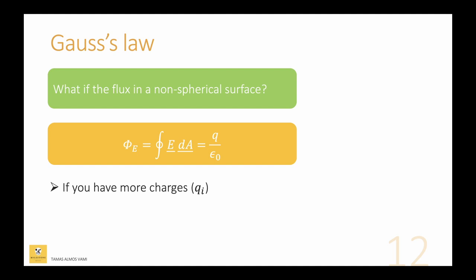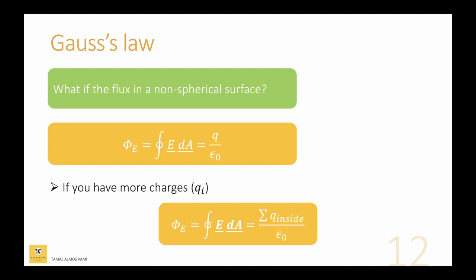So one more way that we could extend this is to add more charges. So if we have I charges enclosed in our sphere or in any kind of non-spherical surface, which is called a Gaussian surface, then if we increase the charges in the Gaussian surface, what happens is that we have to add up these charges.